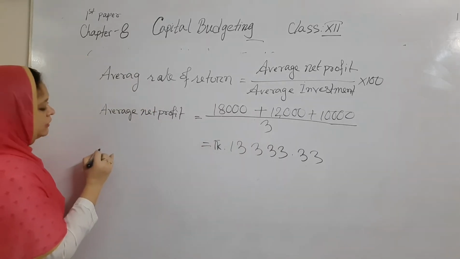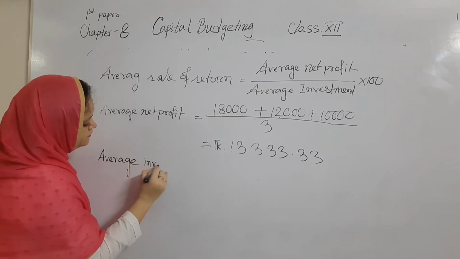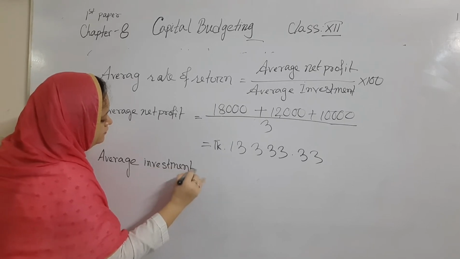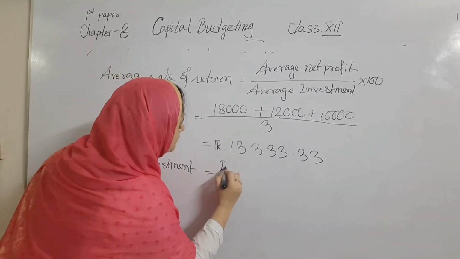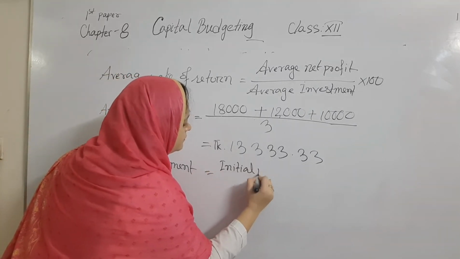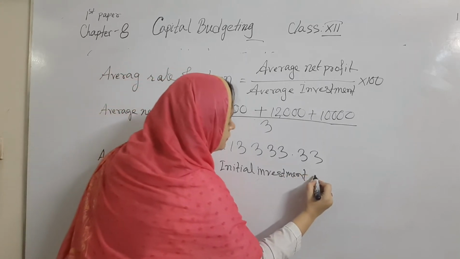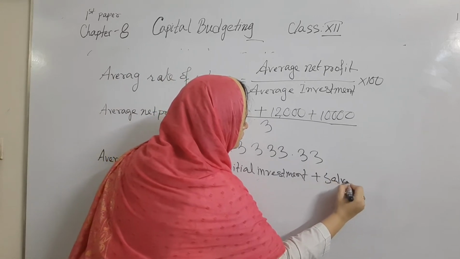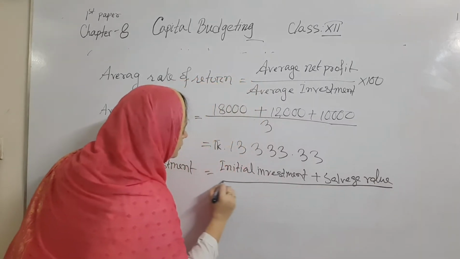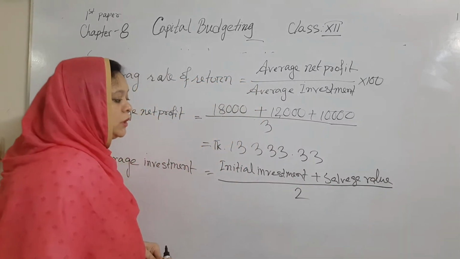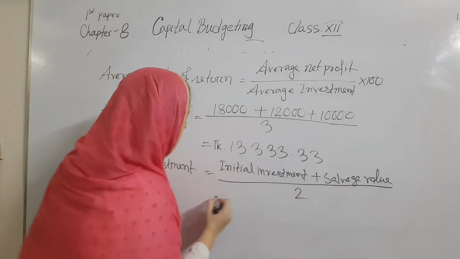Then average investment. The formula is initial investment plus salvage value, divided by 2. Here the formula uses 2 because 2 items are here, initial investment and salvage value.